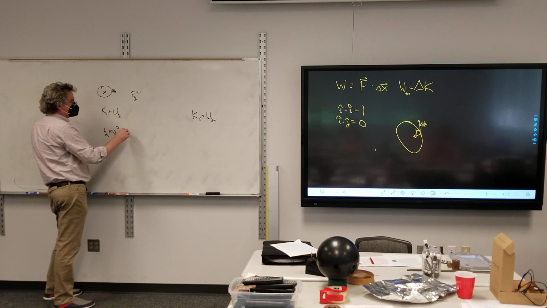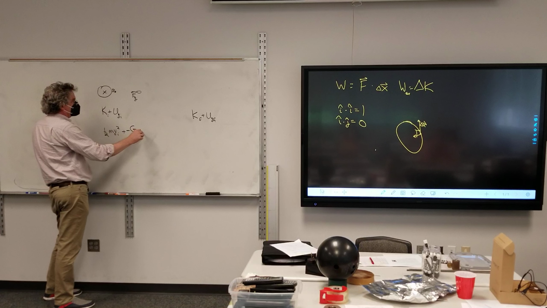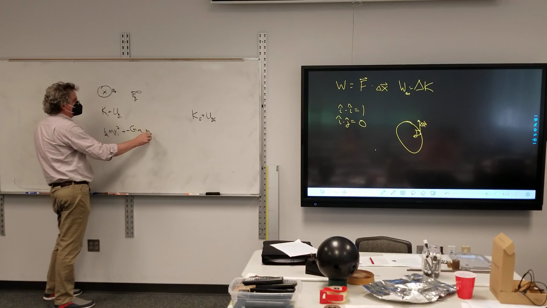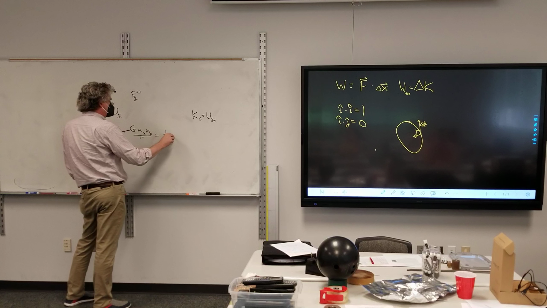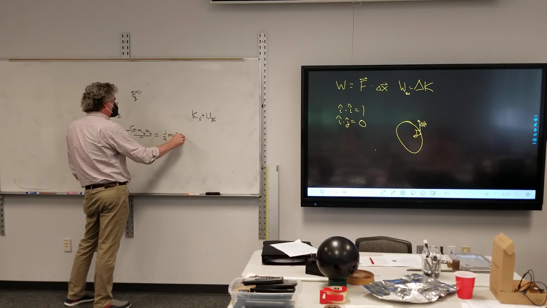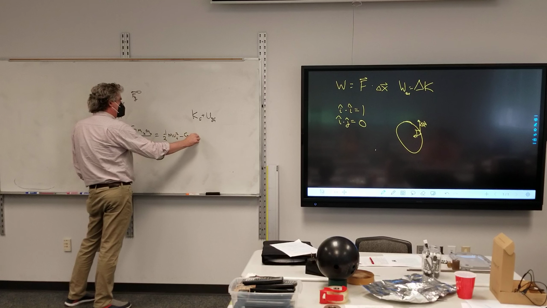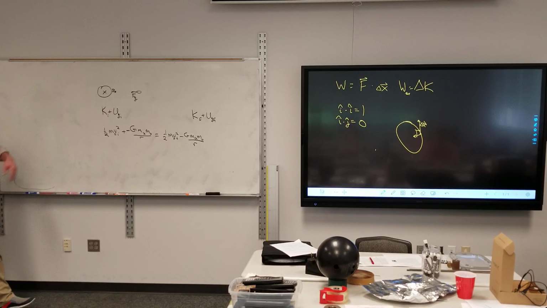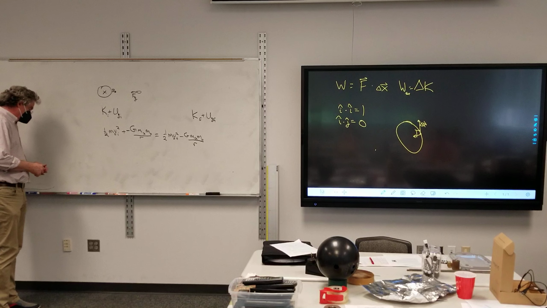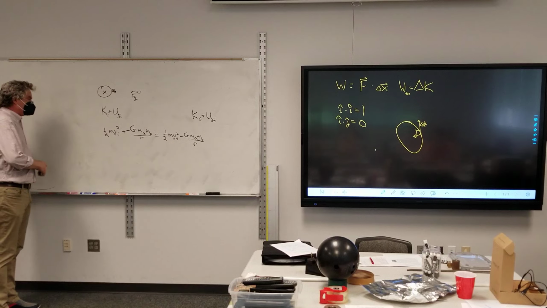Negative G, mass of X, mass of the object, divided by R. Then that's got to be the same for the final. Now we have the mass of the object is the same. We have that factor in every term, so it can go away.